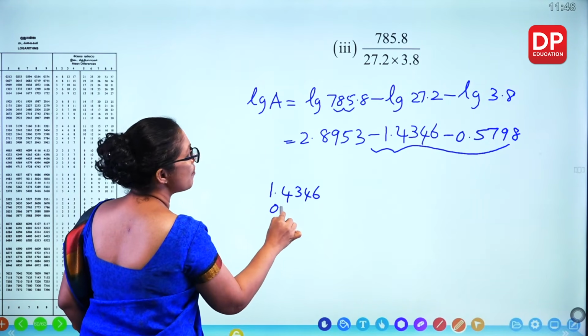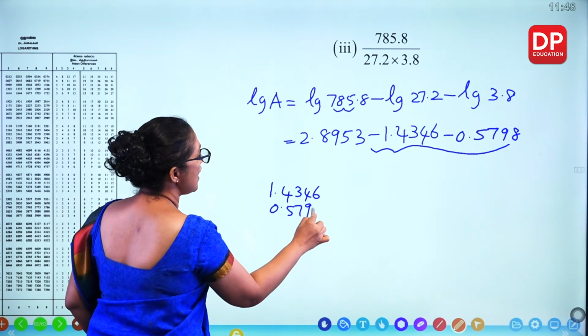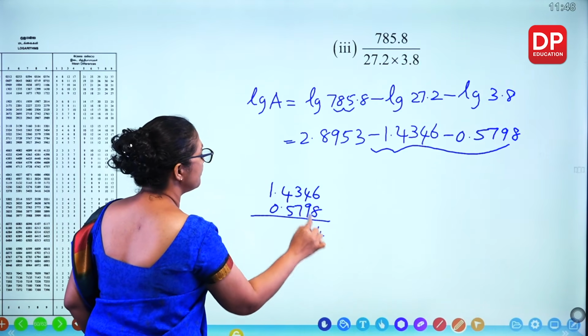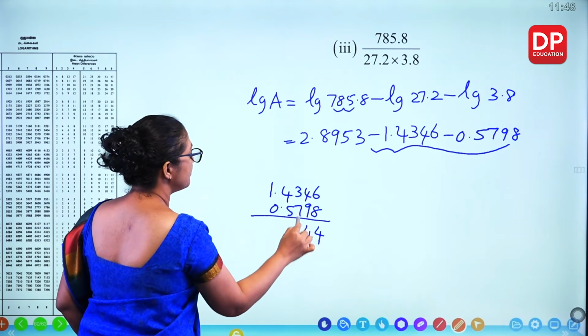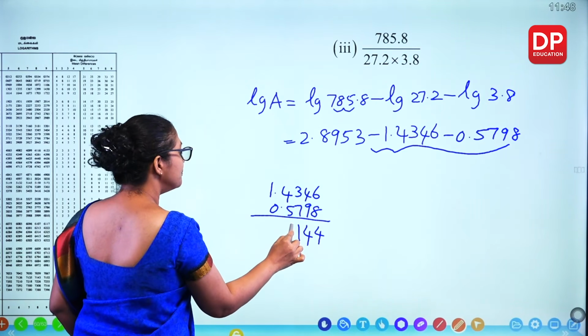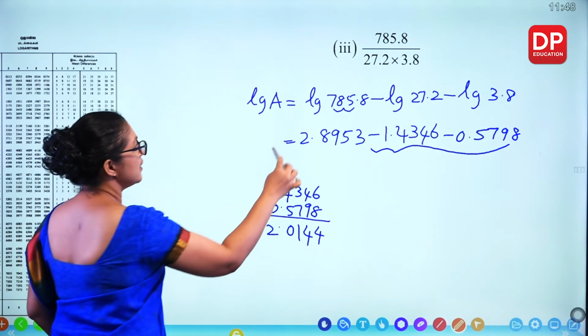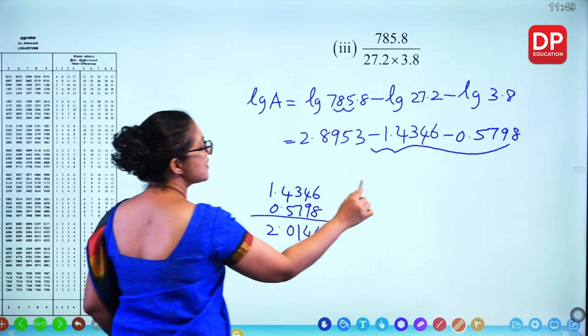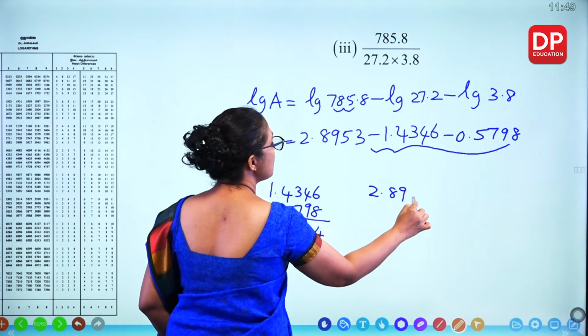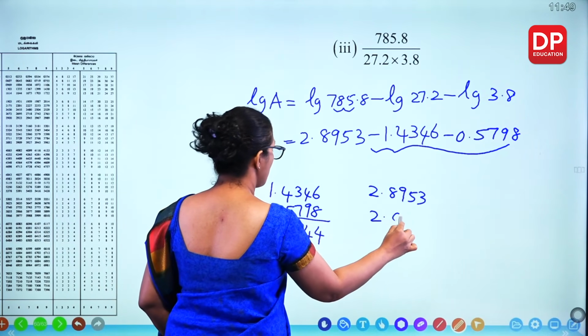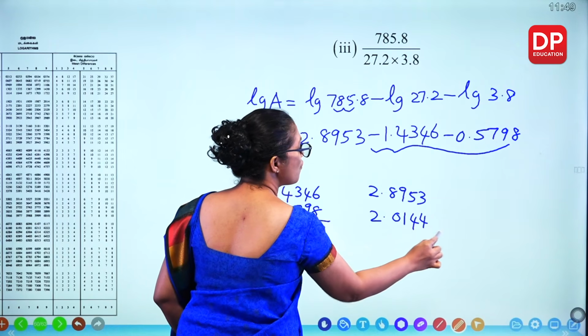1.4346, 0.5798. Get this and subtract this value from this. So 2.8953 minus 2.0144.